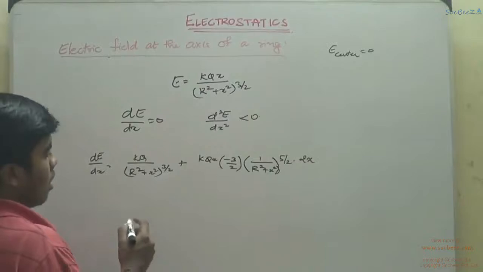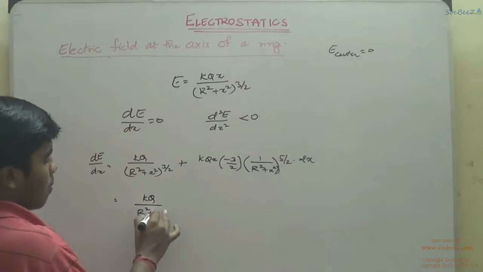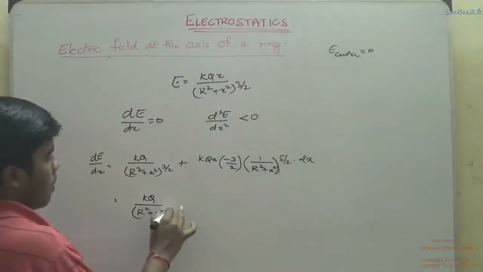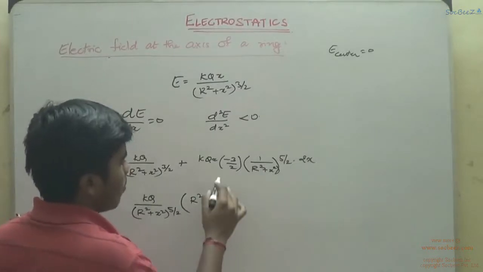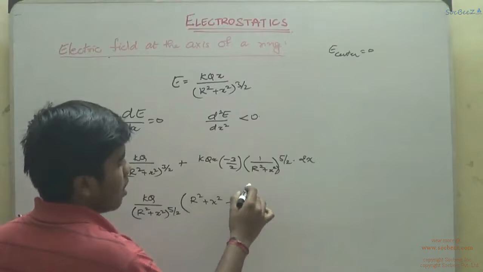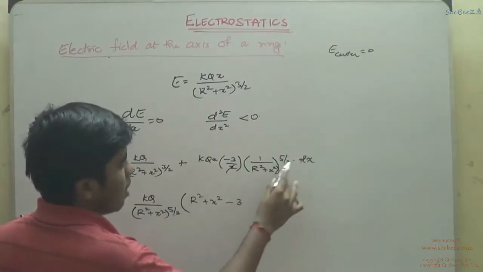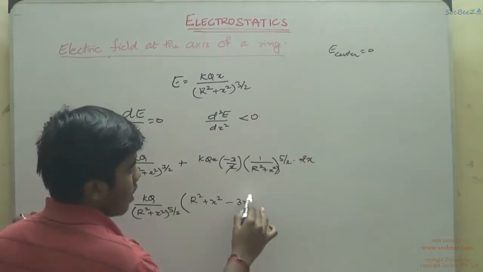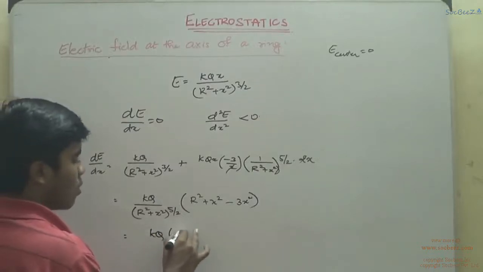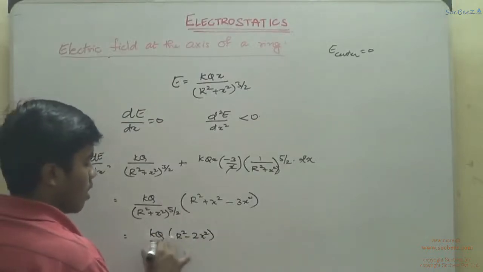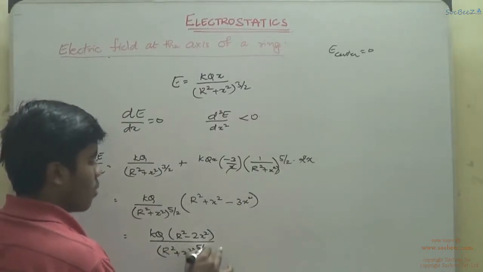Now in this whole thing, if I take kq by r square plus x square power 5 by 2 as common, I get here r square plus x square minus, this 2 and this 2 get cancelled, minus 3x square, which is equal to kq times r square minus 2x square by r square plus x square power 5 by 2.